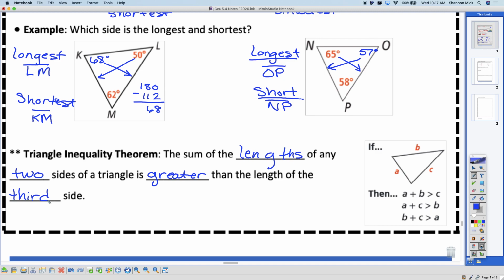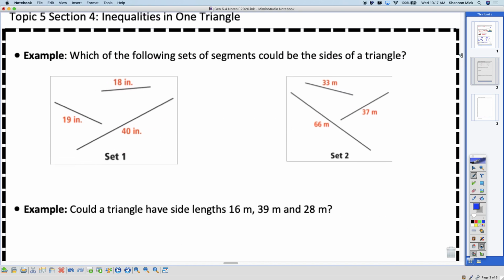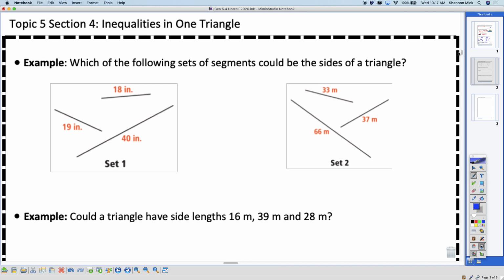You moved it around and saw that when I had a 2 and a 3, I couldn't put that with 6, could I? So I have to have those. So how we're going to use it is, which of the following sets of segments could be used to make a triangle?